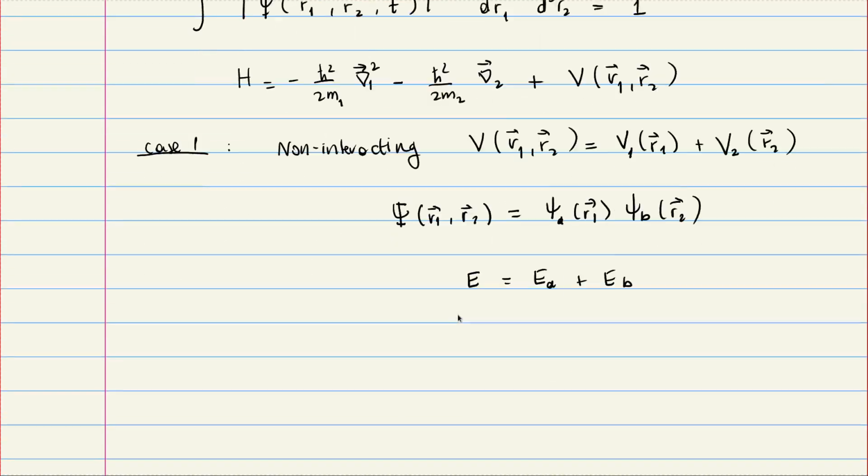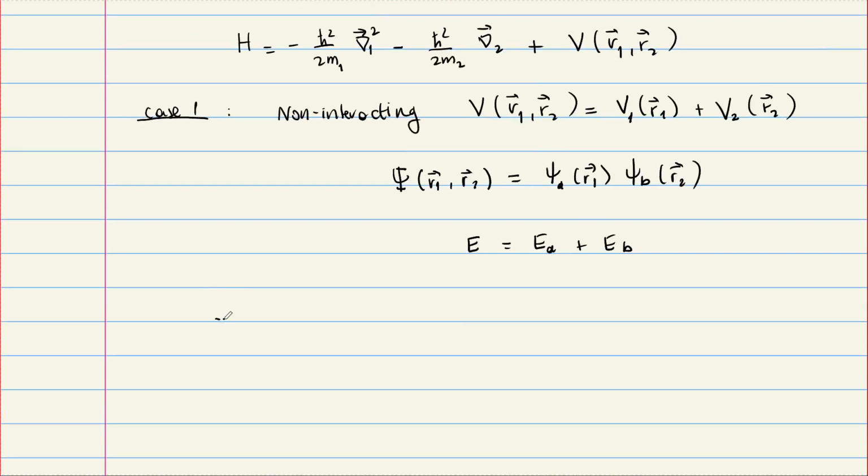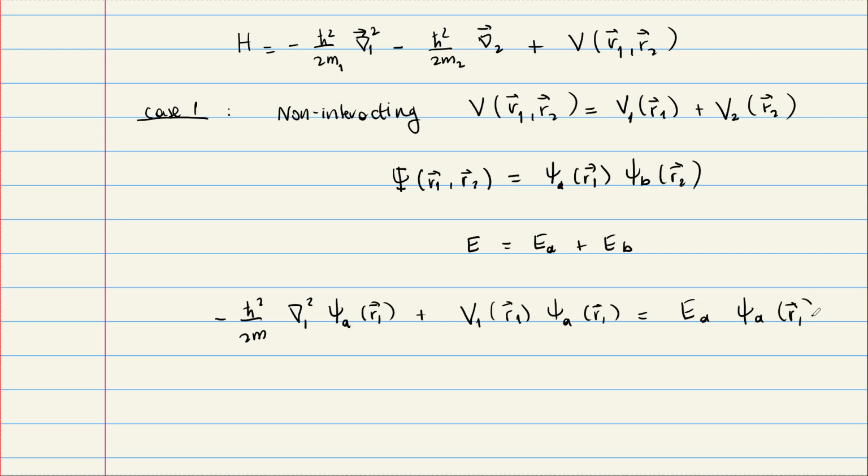Now I separated the variables, and for each I have minus h bar squared over 2m del 1 squared psi A of R1 plus V1 of R1 psi A of R1, and its energy is E A psi A of R1, and the same for the second particle, right?